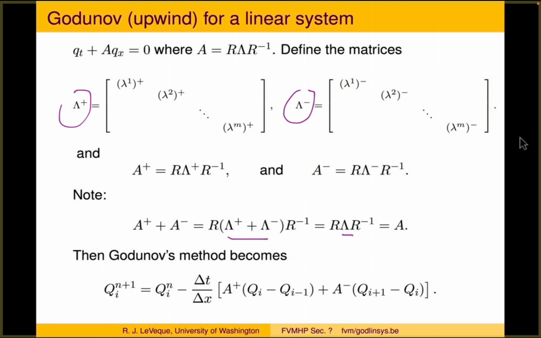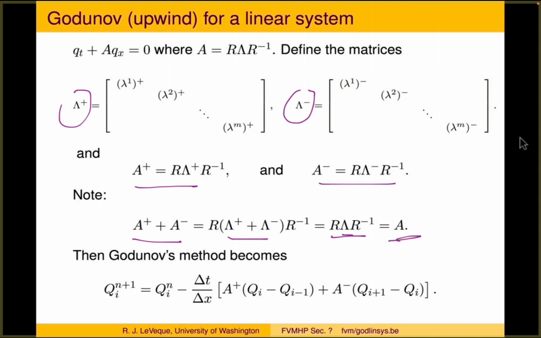And so if we define A plus and A minus based on the eigenvector matrix, but using lambda plus and lambda minus instead of lambda, then when we add those two together, A plus added to A minus is just R times (lambda plus plus lambda minus) times R inverse, but that's R times lambda times R inverse, so that's the original A.